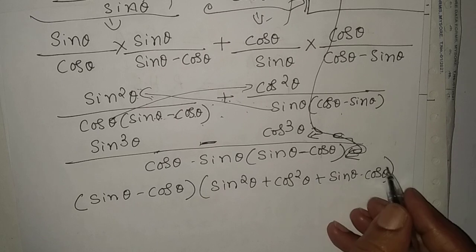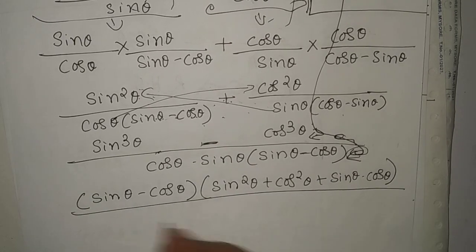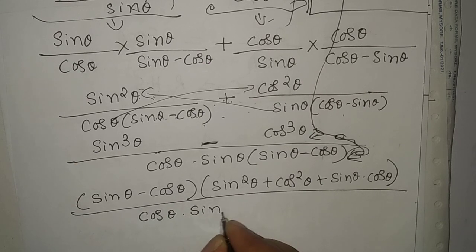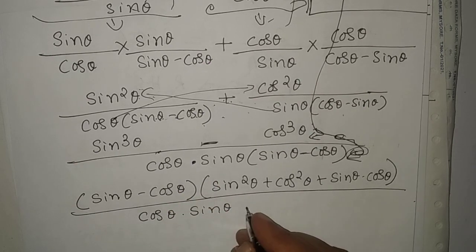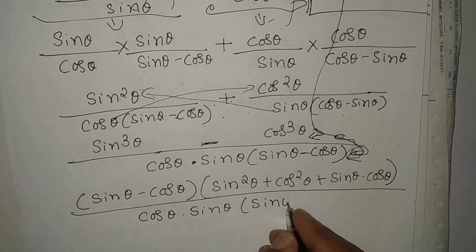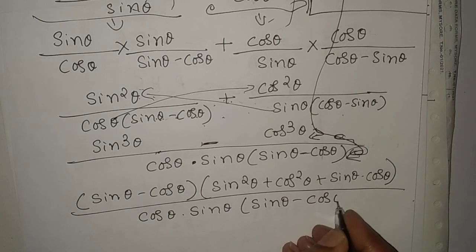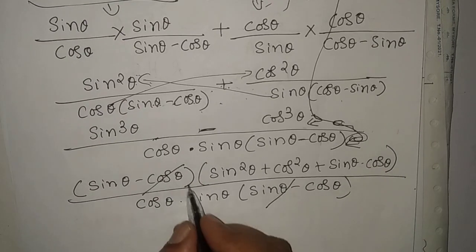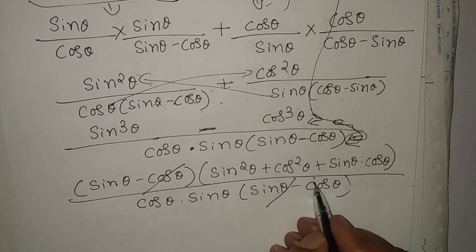X square, y square, x into y. So finally write down the remaining thing, cos theta into sin theta, this is into, and sin theta minus cos theta. So sin theta minus cos theta, this one cancels. So what are the remaining here?